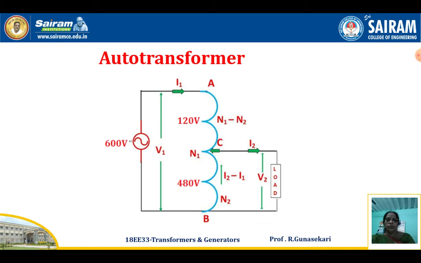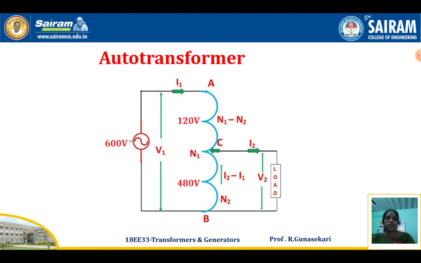AB is the primary winding, AC is some part of the winding, and CB or BC is the common winding for both primary and secondary. The output is taken from the BC winding only. This is a step down auto transformer: the input is 600 volt and the output is 480 volt. So 600 minus 480, the remaining 120 volt, occurs across the AC winding only.